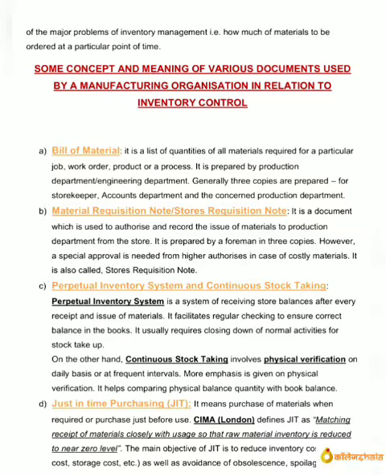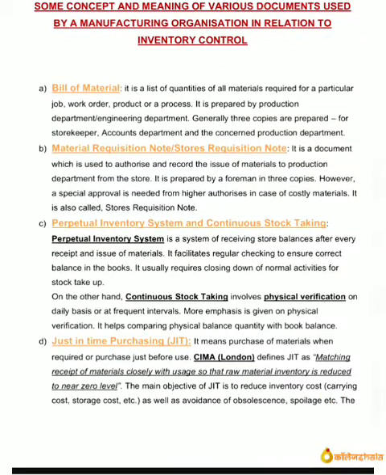Thereafter, the material requisition note. It is also known as the store's requisition note. It is a document which is used to authorize and record the issue of material to the production department from the store.